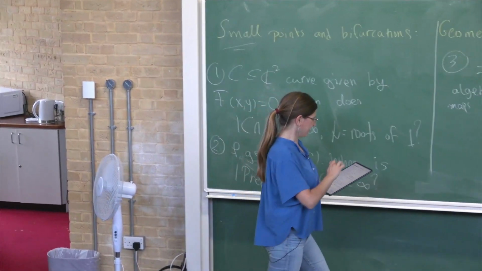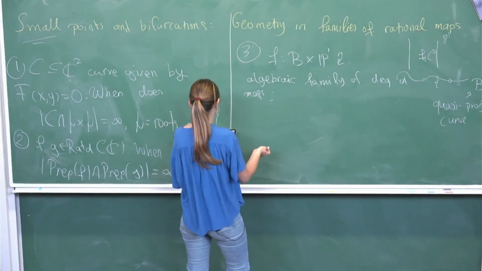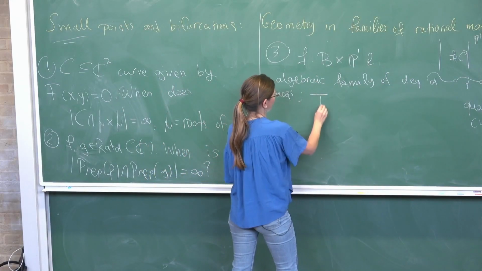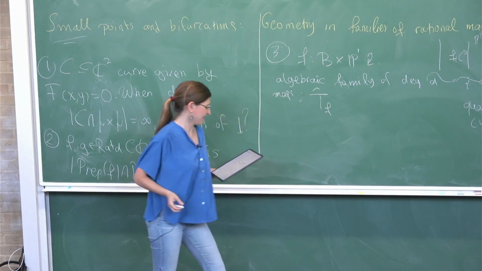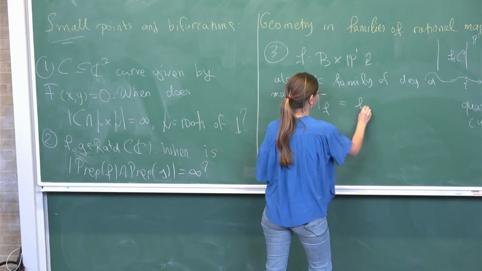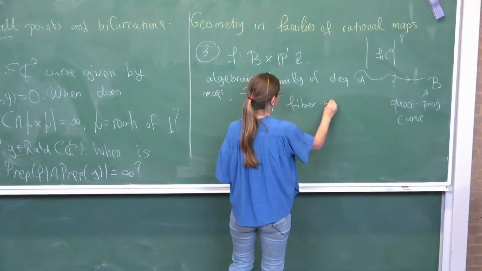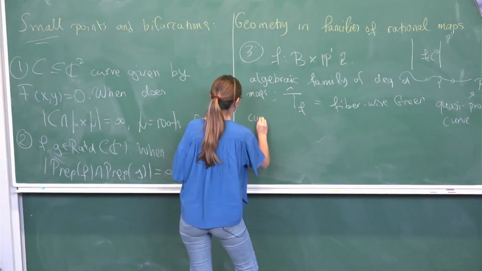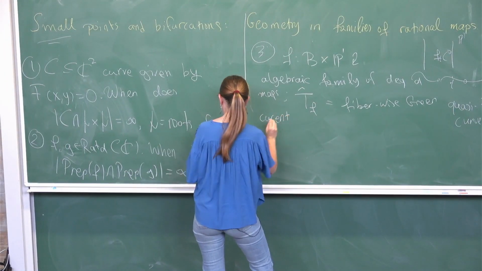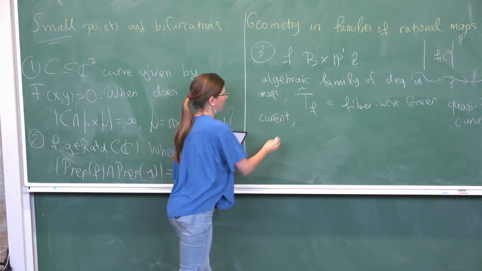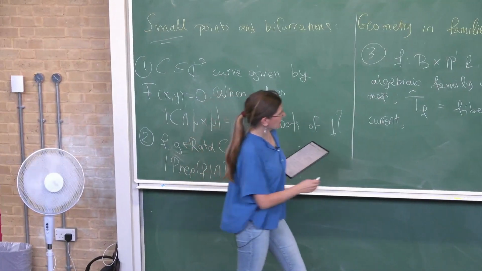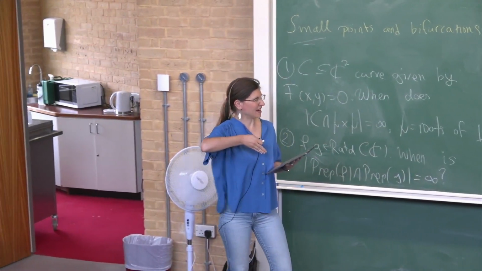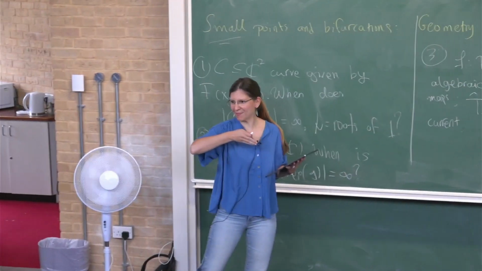Okay, you fix that, and having that, we're gonna see, if you haven't seen before, there is a fiber-wise Green current, so that at each fiber, the slice is the invariant measure of the specialized map.